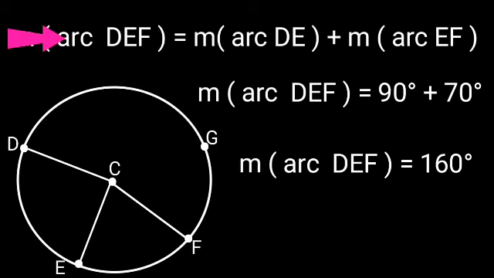Measure of arc DEF is equal to measure of arc DE plus measure of arc EF, that is 90 degrees plus 70 degrees. Hence, measure of arc DEF is equal to 160 degrees.